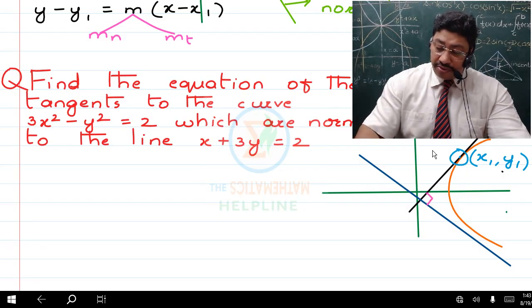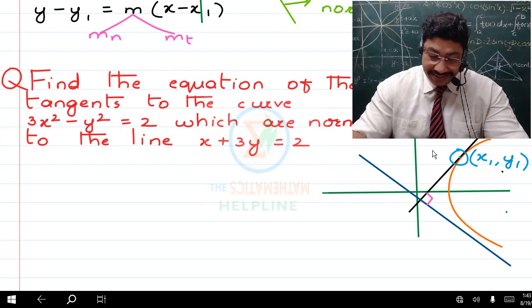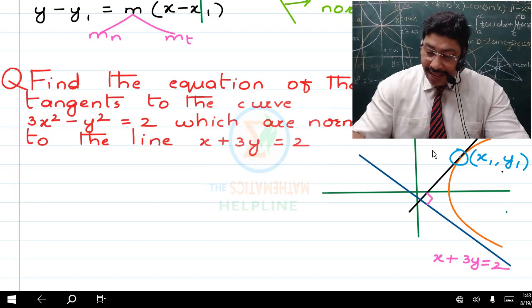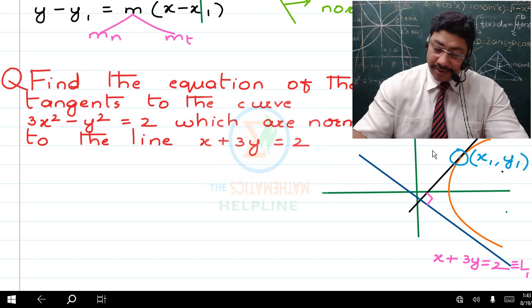So if you talk about this straight line, children, this straight line is x plus 3y is equal to 2, and let us represent this by some line L1, right?